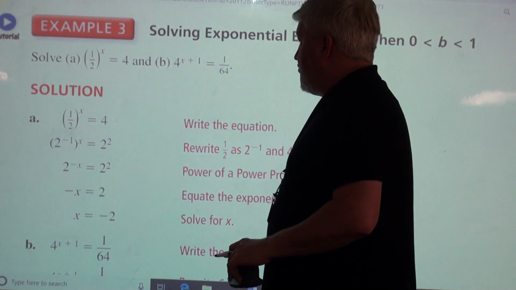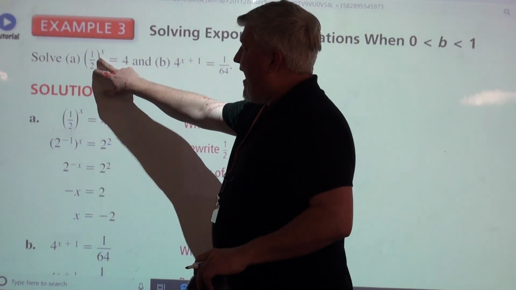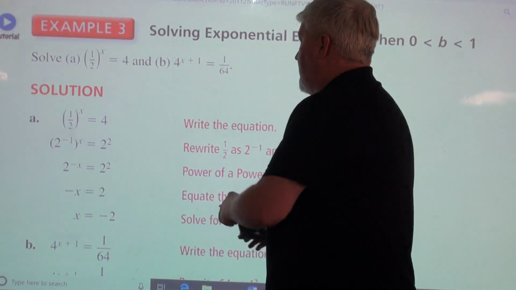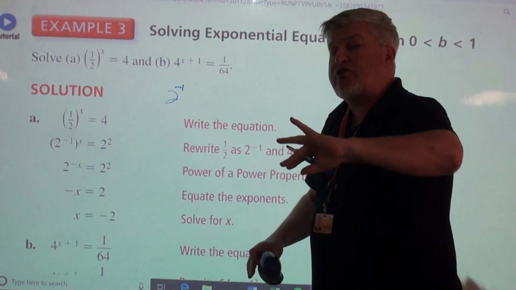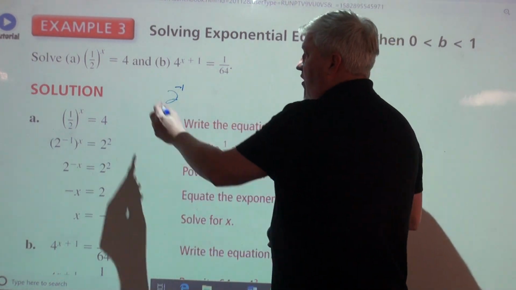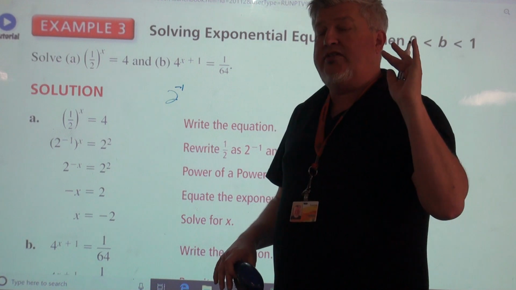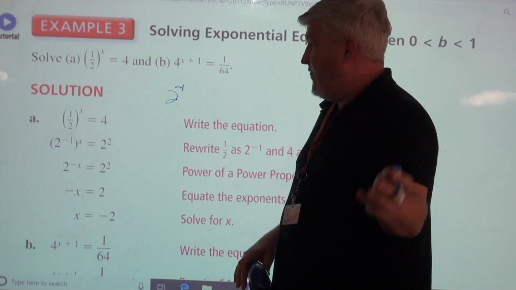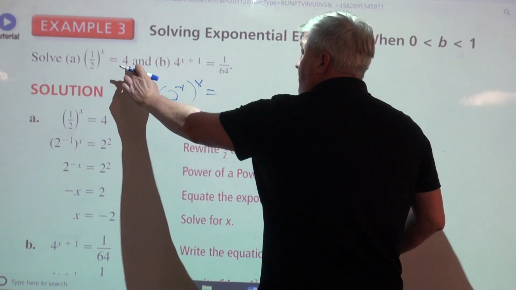Okay, you're like, gosh, that looks strange. Remember, we can rewrite 1/2 as 2 to the negative 1. When we had negative exponents, you just flipped it, and 2 to the negative 1 became 1/2. So we're reversing that. We're bringing up the 2 to the numerator, and it's making it negative 1 raised to the x equals 4.